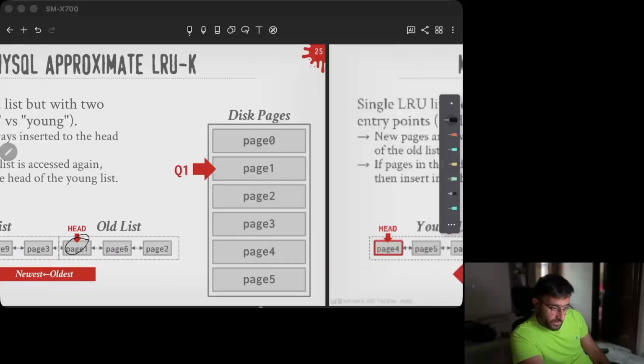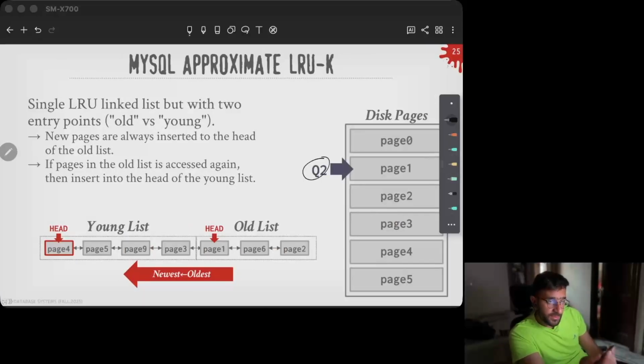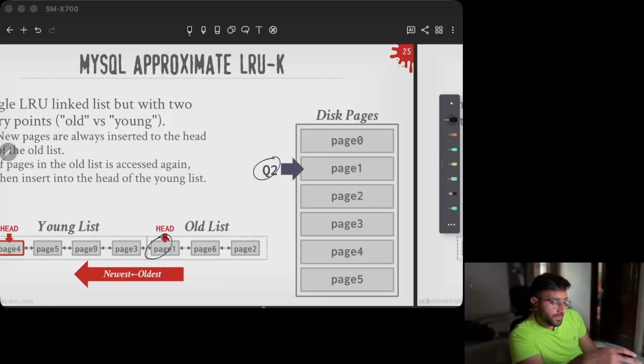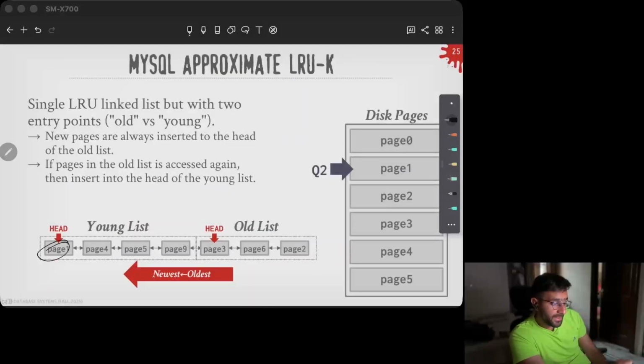Now, let's say some other query comes along, Q2, and it wants to access page one again. It accesses it, but the algorithm at the same time moves this page to the head of the young list right here. So now this page three comes to the old section.